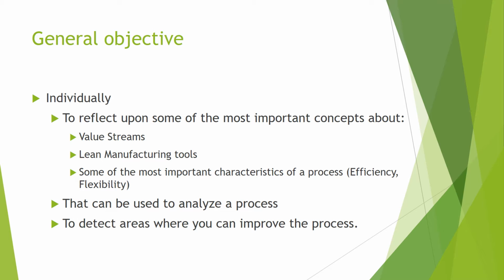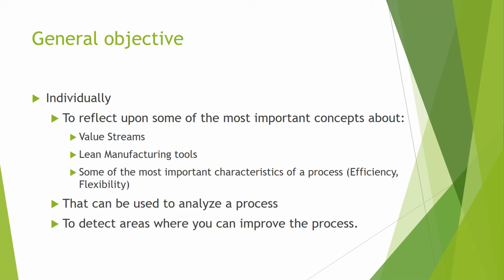Because if you want to be efficient, sometimes efficiency makes flexibility hard, and the other way around too. If you want to be flexible in your process, most of the time you will do it at the cost of sacrificing a little bit of efficiency, right? So lean manufacturing proposes ways in which you can become both flexible and efficient at the same time.